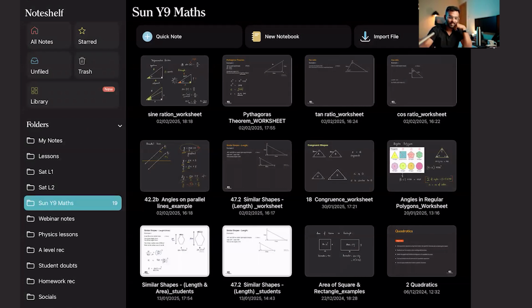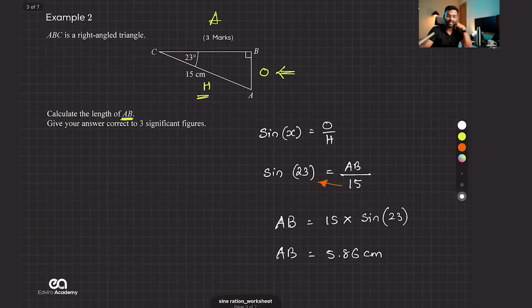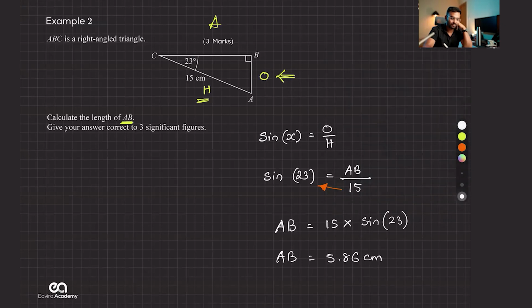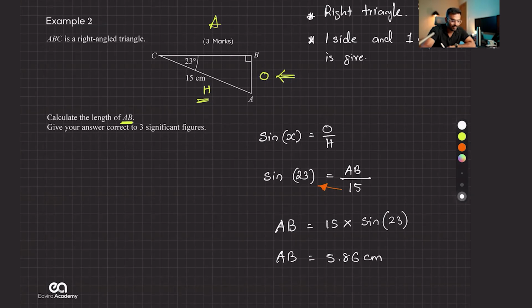So in trigonometry, we have three rules again. Watch this. We need a right triangle. That's the first thing. Everything we dealt with today is a right triangle. We need one side and one angle given, right?